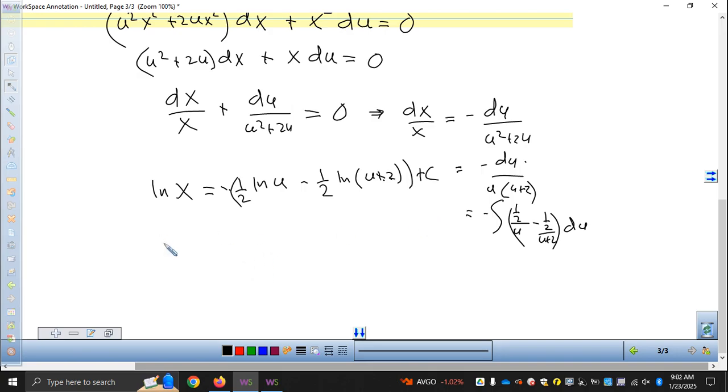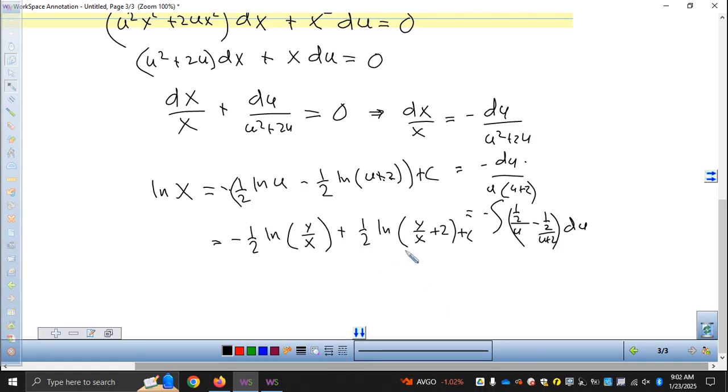And now I'm going to substitute back in, so the natural log of x equals negative 1/2 natural log y over x plus 1/2 natural log y over x plus 2 plus c.